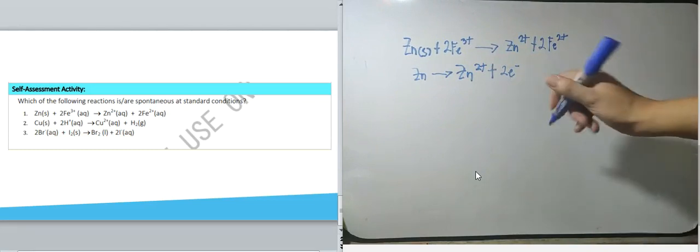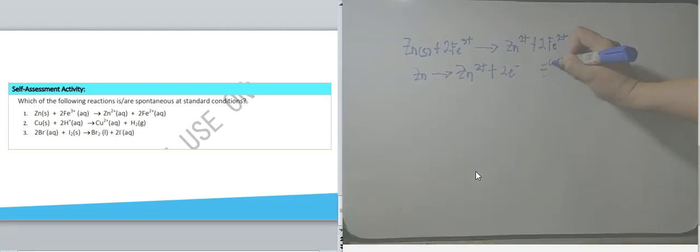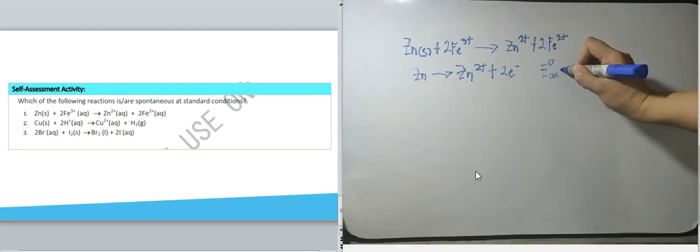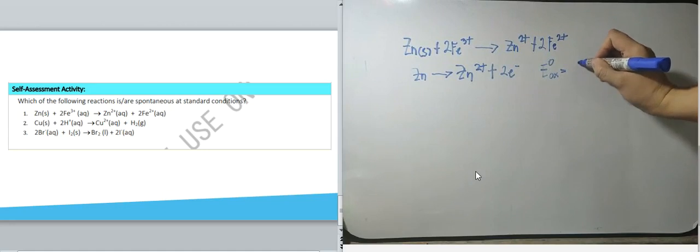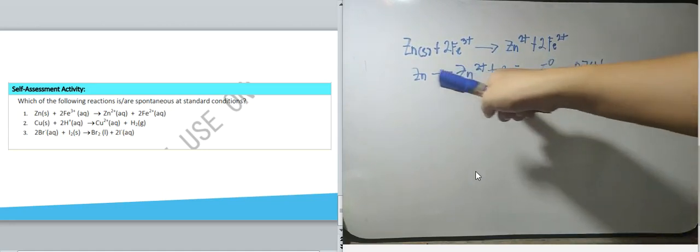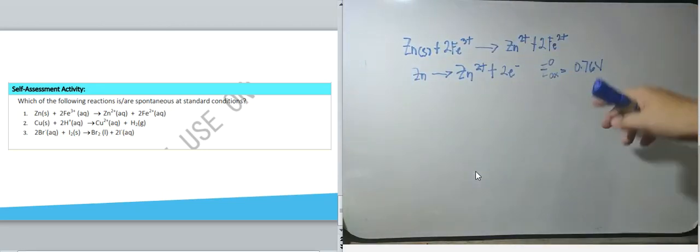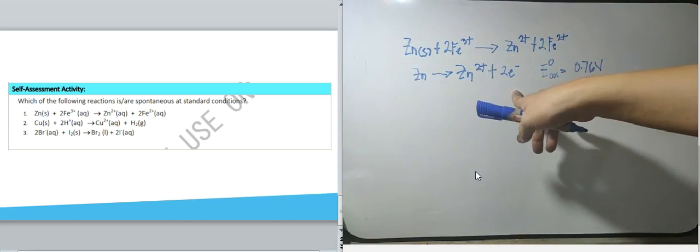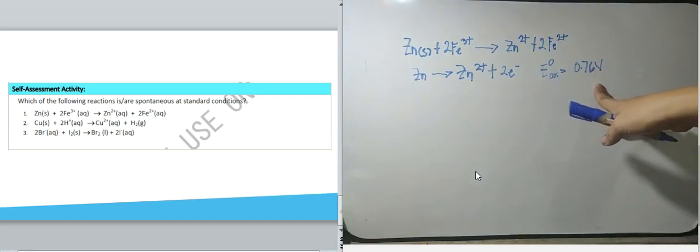So therefore it is 0.76 volts. Kapag reduction kasi siya, it will be negative based on the table. But since it is oxidation, therefore it is positive.